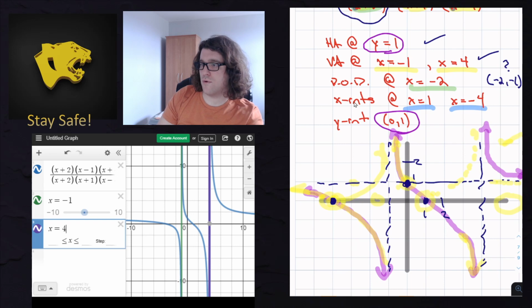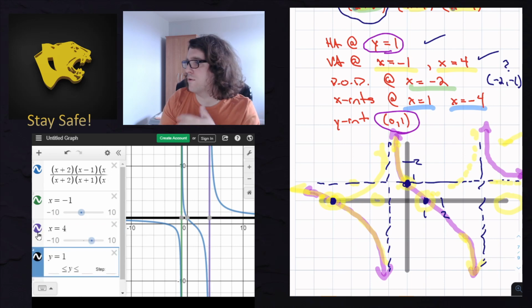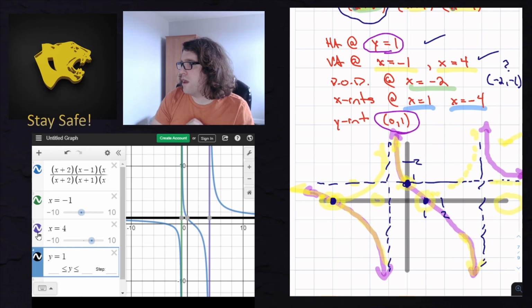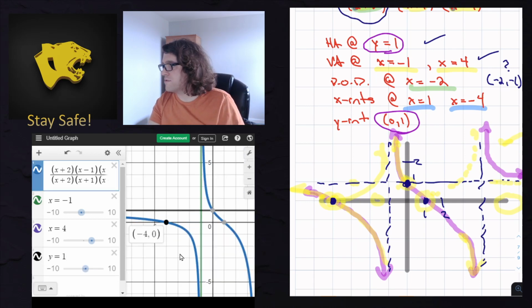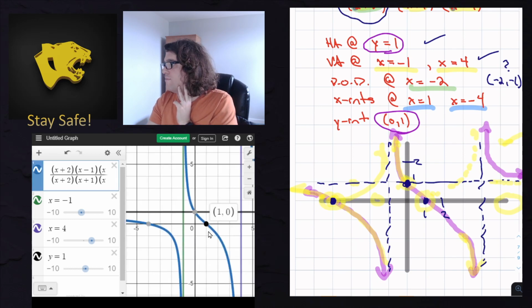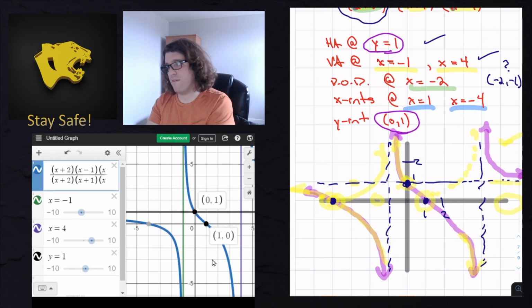I said that there was a horizontal asymptote at 1, which would be right there. That looks good too. Looks like it's right in between, which it should be. And then we have all of our intercepts, which we can click on. So this one's at -4, 0, which we have down there. We also have 1, 0. That's good too. And we have 0, 1 for the y-intercept. So everything's looking great.